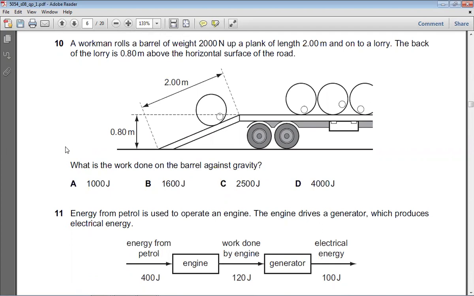The work done in this case, when something has moved vertically upward, we can calculate by the formula: work done is equal to weight multiplied by the vertical height gained. Here the weight is 2000 Newton and the vertical height gained is 0.80 meter.